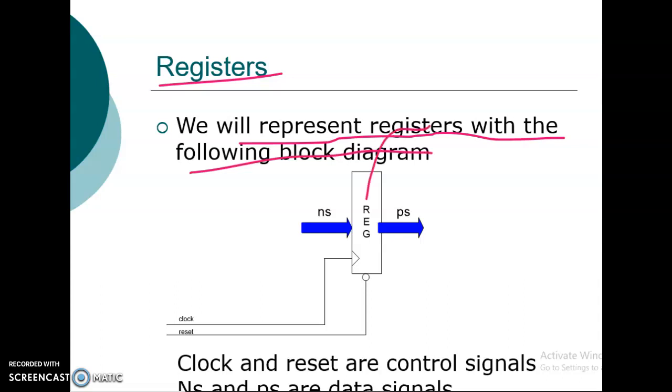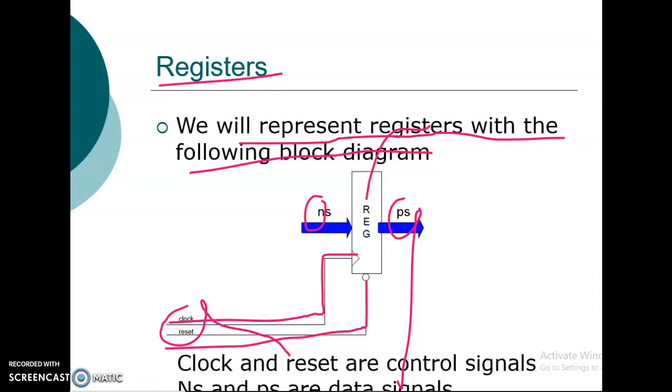Clock and reset are control signals. NS and PS are data signals.